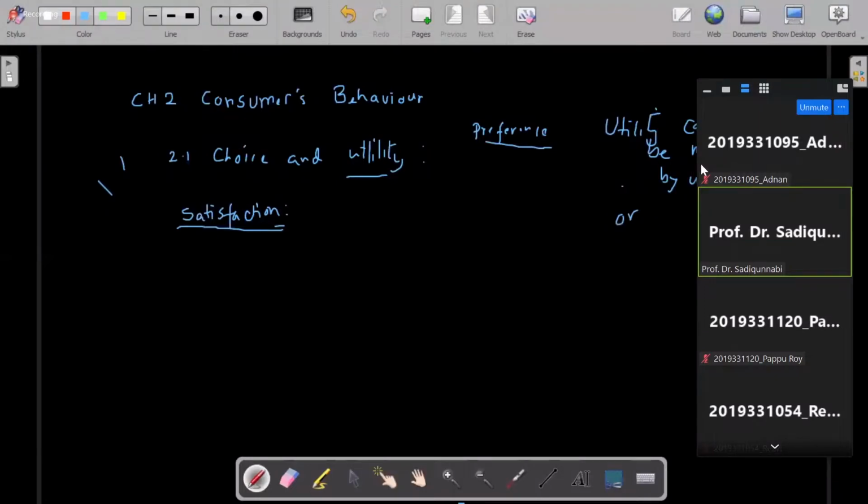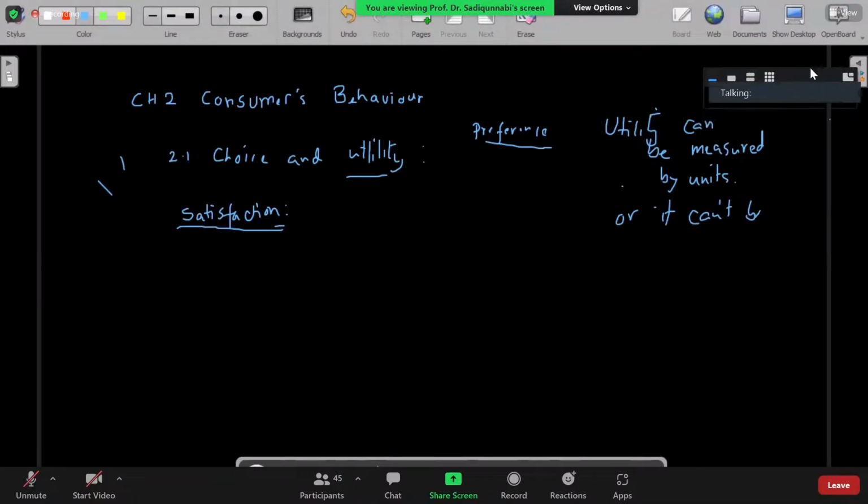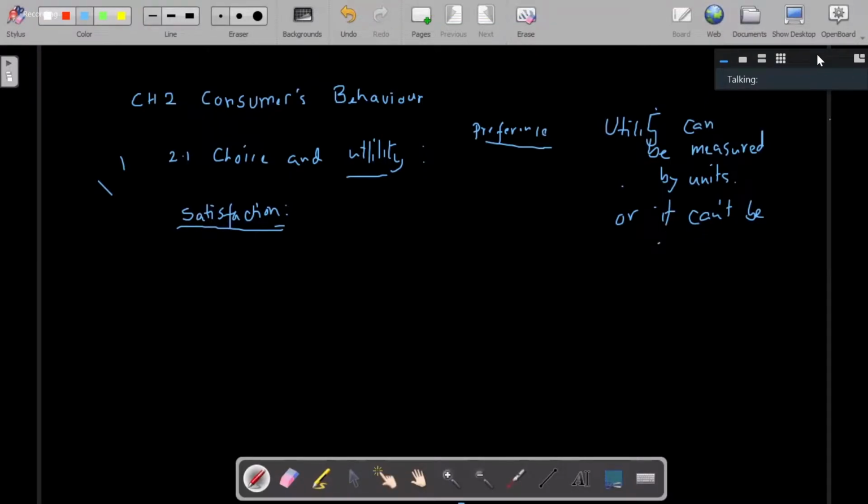Or it can't be measured by unit. We'll understand after the class whether this one is true or that one is true.